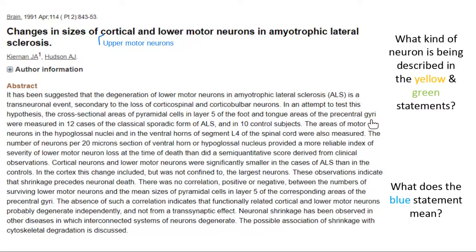Now, there's a lot that we don't understand in that section there, but we should know this. The pre-central gyrus. What was going on in the pre-central gyrus? What's its job? Or who lives here?